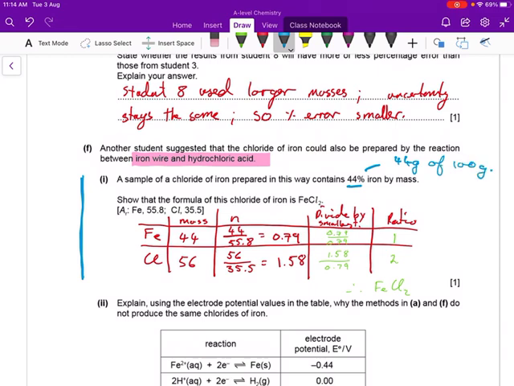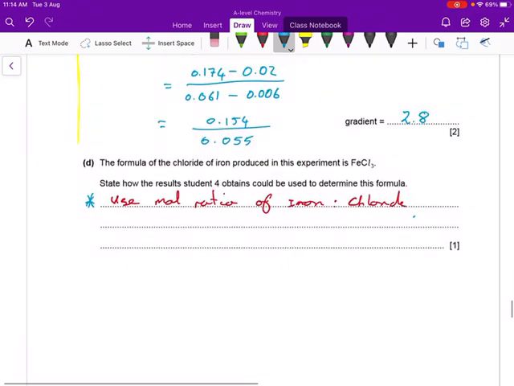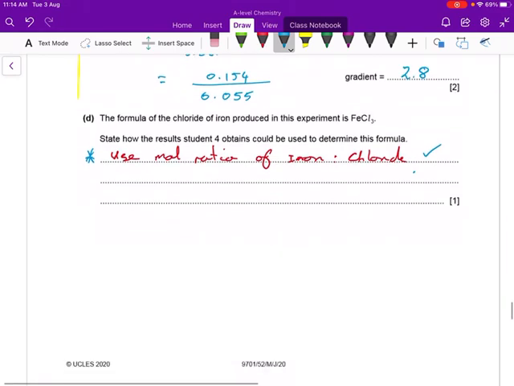This is how I can use it as mass. Determining my mole, dividing it by the smallest mole, I get a mole ratio. If it's a whole number ratio, that is my empirical formula. Okay, so this is what this question also alluded to. So how are you going to use the amount of mole of chlorine and iron? Well, we're going to do mole ratios.